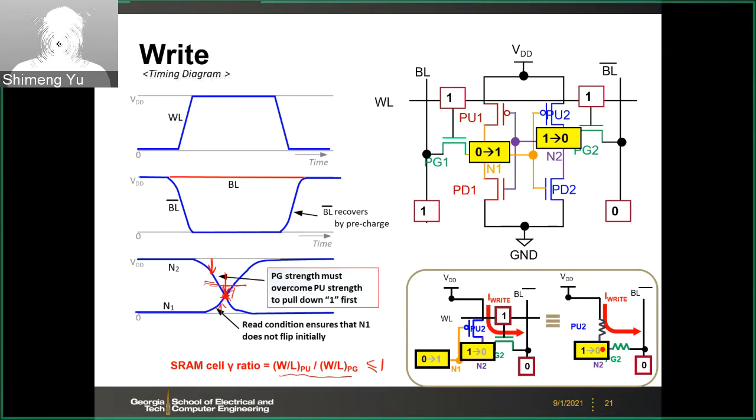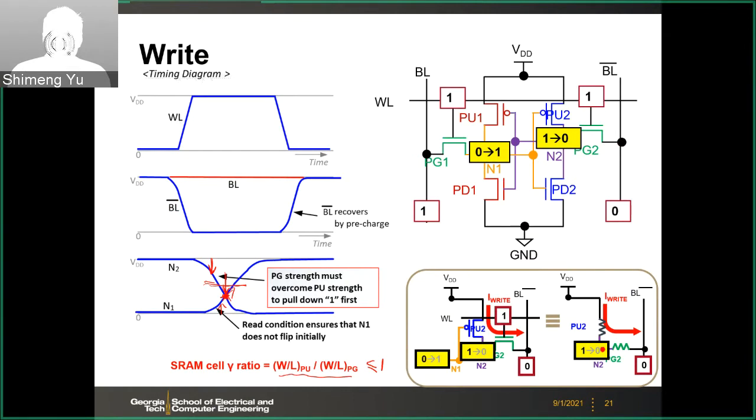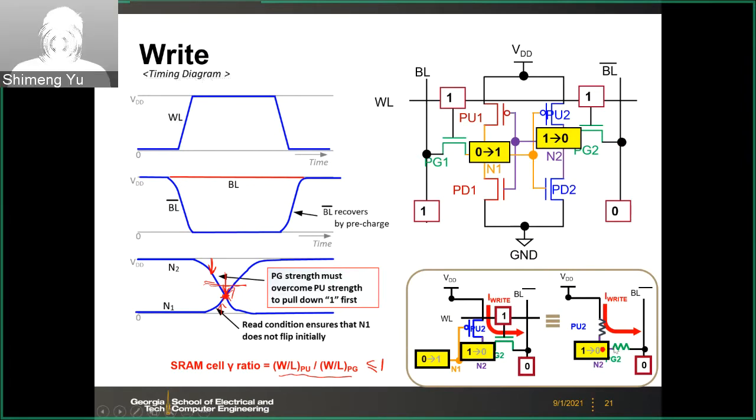Why is that? Because for NMOS and PMOS, normally NMOS is stronger because the mobility of electrons is larger than that of holes. So even if you have the same W over L, typically this condition is satisfied because the NMOS is used for the pass gate and PMOS is used for the pull-up. So you can use the same W over L.